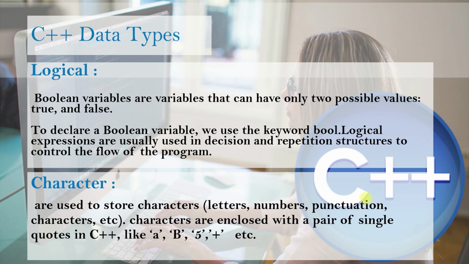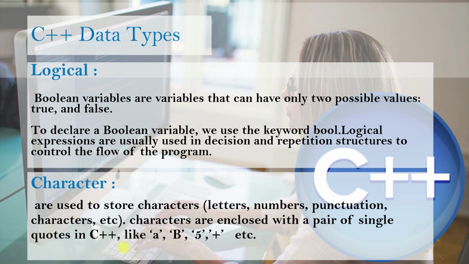Why? Because that's 2 digits, not 1 digit. Only those numbers which are 1 digit can be stored in character. In a variable whose data type is character, only letters and punctuations can be stored in char data type variables.